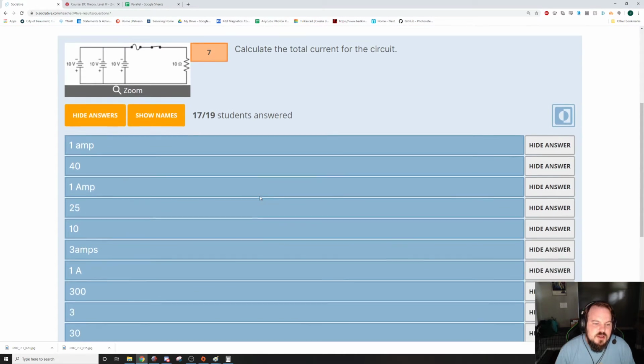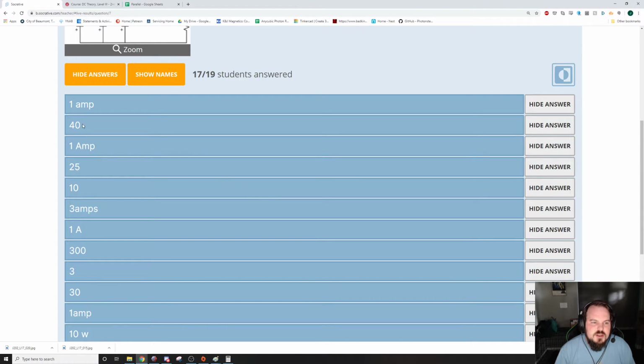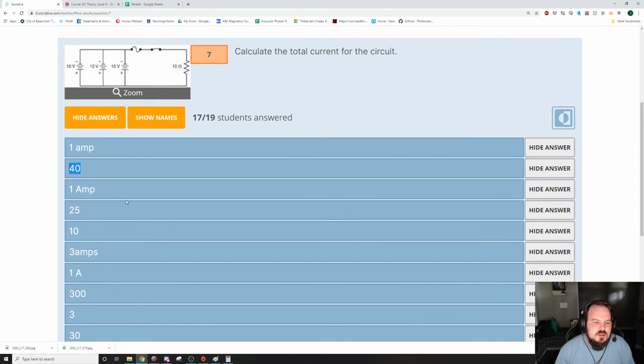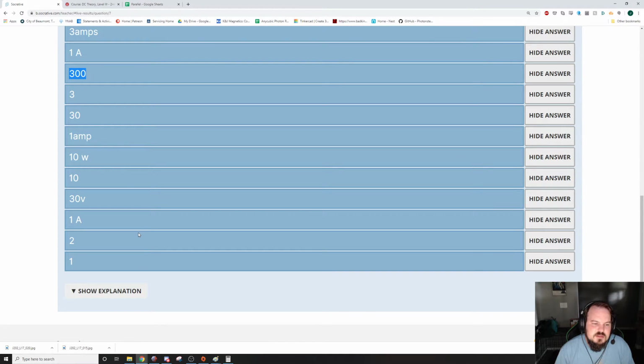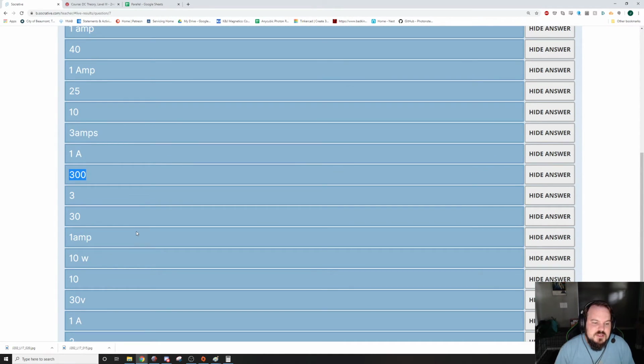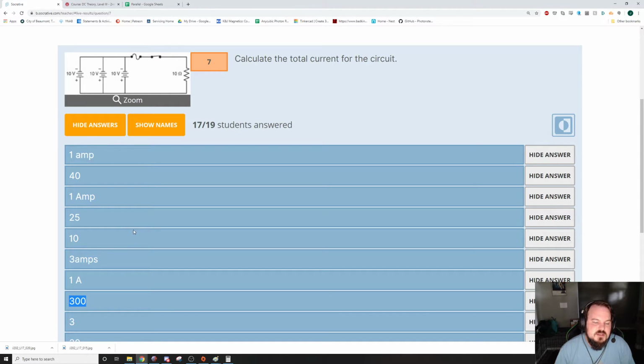We got 40. I have to think 40 is just somebody took all the numbers and added them together. And some people multiplied. But 1 amp is the answer because it's 10 divided by 10.